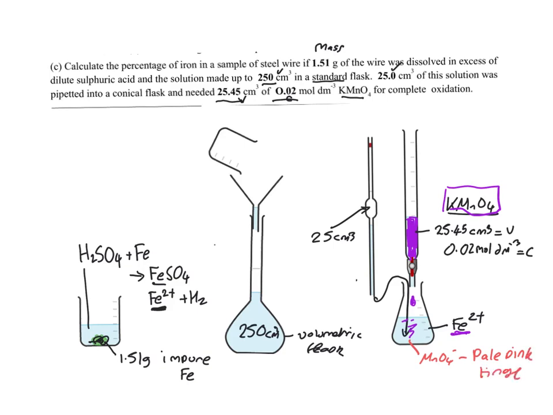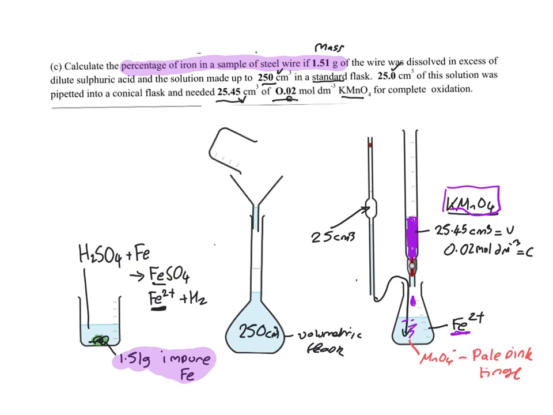So what are we being asked in this question? We're actually being asked to calculate the percentage of iron in a sample of steel wire. Now we have the mass of the impure wire, so if we can find out the amount of iron in the impure wire, we can work out its percentage purity.